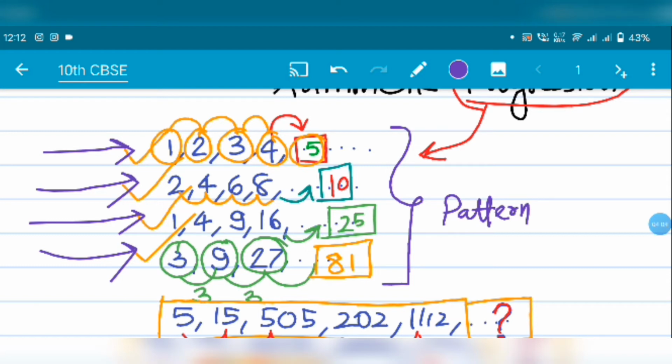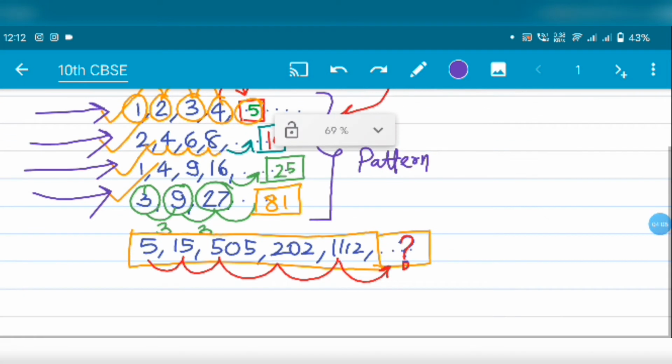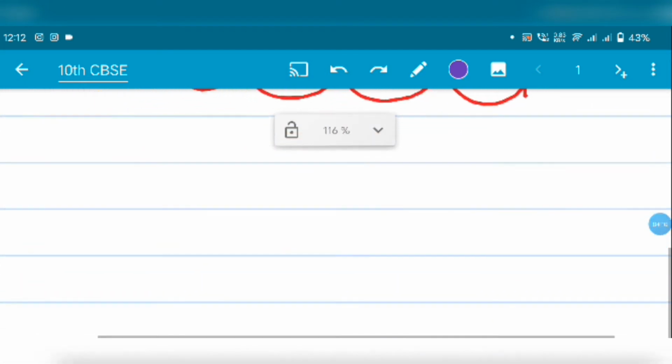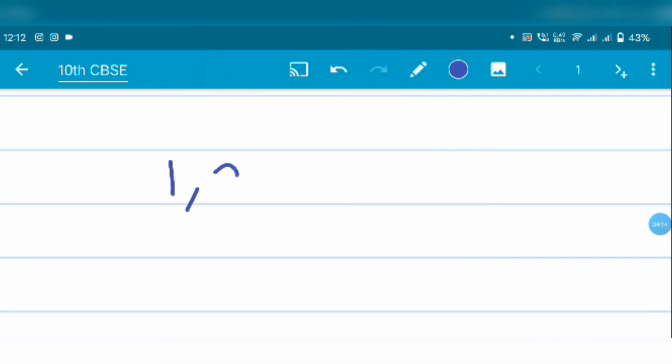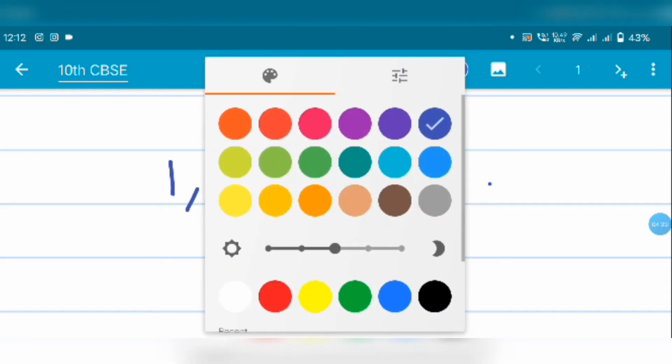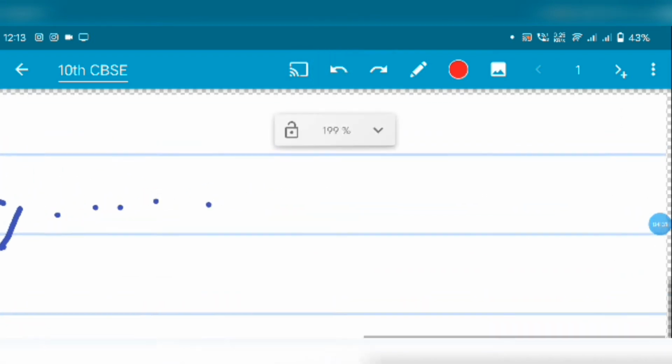Every time I'm using the word things. Why? Try to understand this. Whenever you write numbers, say 1, 2, 3, 4 and so on, separated with commas, in that situation it is known as a sequence.